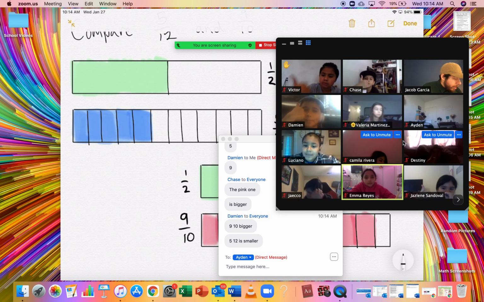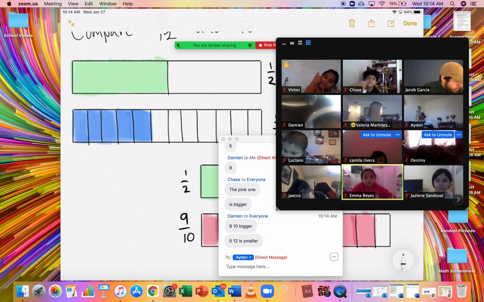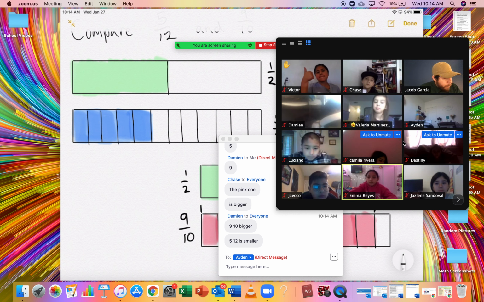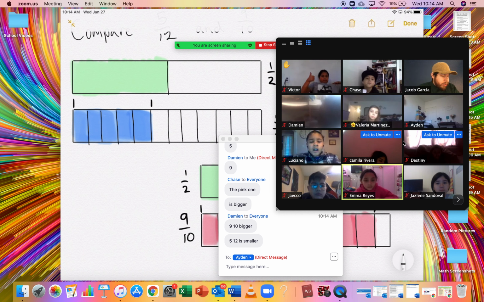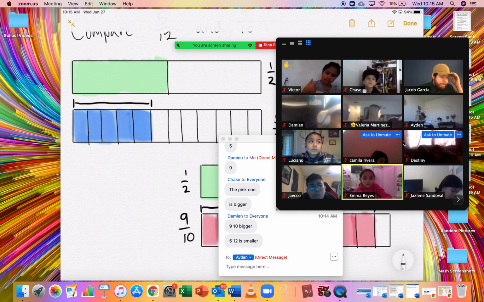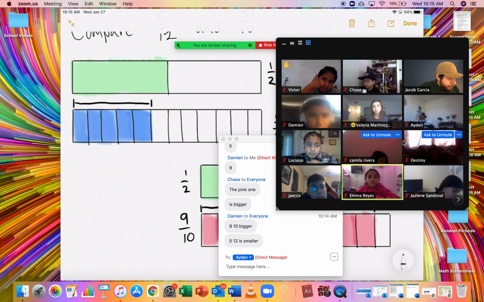If we look here, 9/10 is bigger than 1/2, while 5/12 is smaller than 1/2. So if we just look at it like that, we can understand that 9/10 is bigger than 5/12.